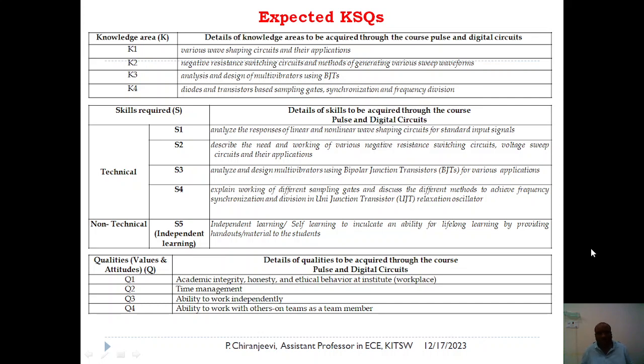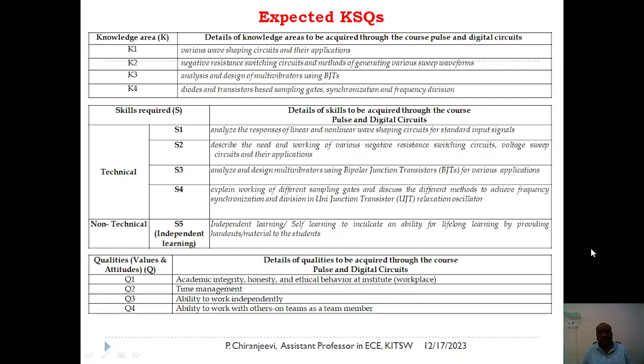So with these knowledge areas to be focused, the skills you should acquire through this course are you should be able to analyze the responses of linear or nonlinear wave shaping circuits, and you should be able to describe the need and working of various negative resistance switching circuits.